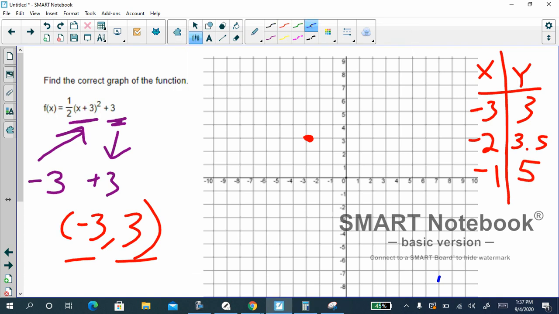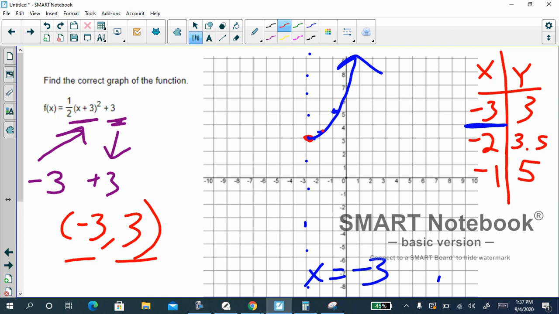Remember, the axis of symmetry goes through the vertex, and the equation is going to be x equals -3 because the vertex is at -3. And then if we plot these points, we have (-2, 3.5) and (-1, 5). And then we can reflect those across the axis of symmetry.